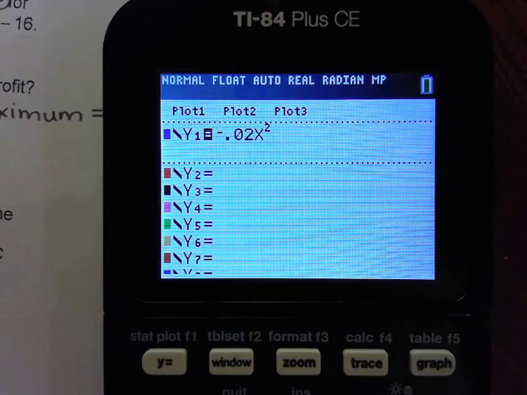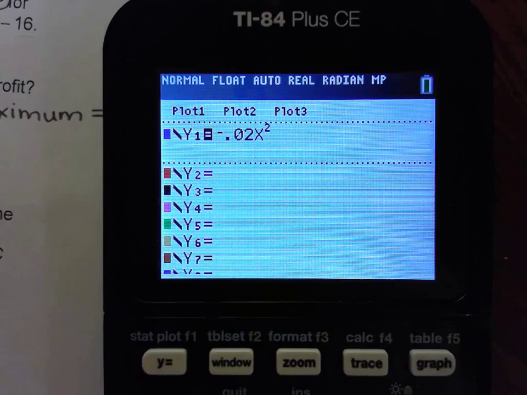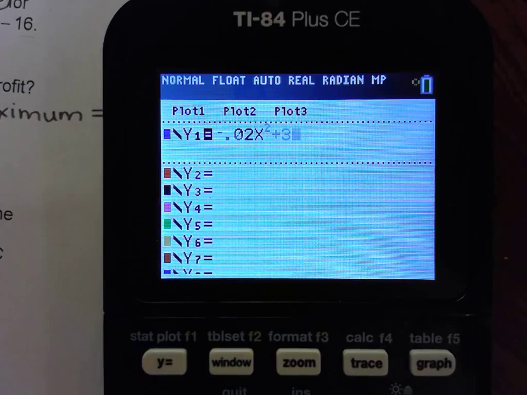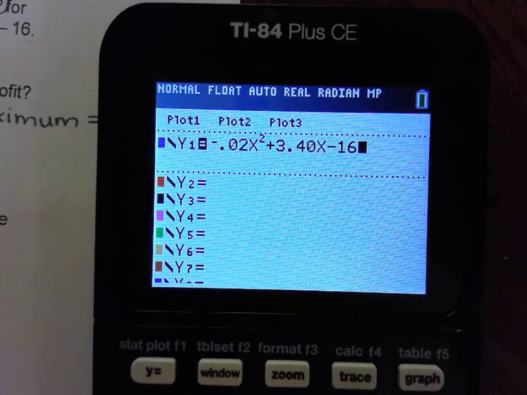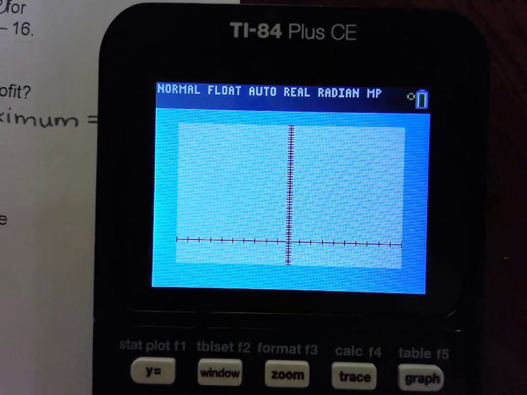Ours is n, but we're going to put in x. And then plus 3.40x, and then minus 16. And we're going to graph that function. We're going to let the calculator graph it for us so that way we can find that maximum.